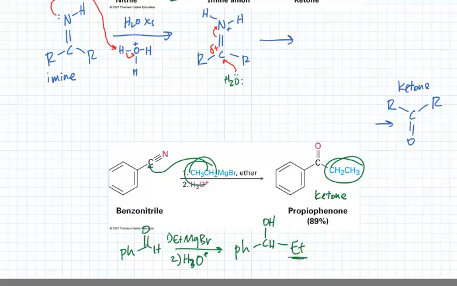So, new carbon-carbon bond is right here, new carbon-carbon bond was right there. But the difference between the standard Grignard reaction with a carbonyl is that that just gets kicked up and formed into an alcohol. Grignard reaction with a nitrile, that gets kicked up. We got a double bond there, but that ends up getting hydrolyzed to form the ketone. So, interesting alternative to a Grignard reaction if what we actually need to form is a ketone like that.